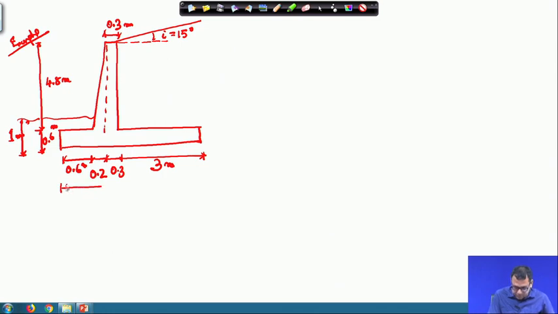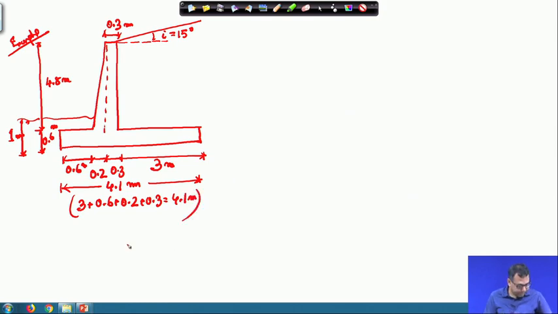So, the total dimension is 4.1 meter. Okay. So, this is 3 meter plus 0.6 plus 0.2 plus 0.3, that is 4.1 meter. And this is the toe of the wall. So, first we will check whether we can use Rankine's equation or not.